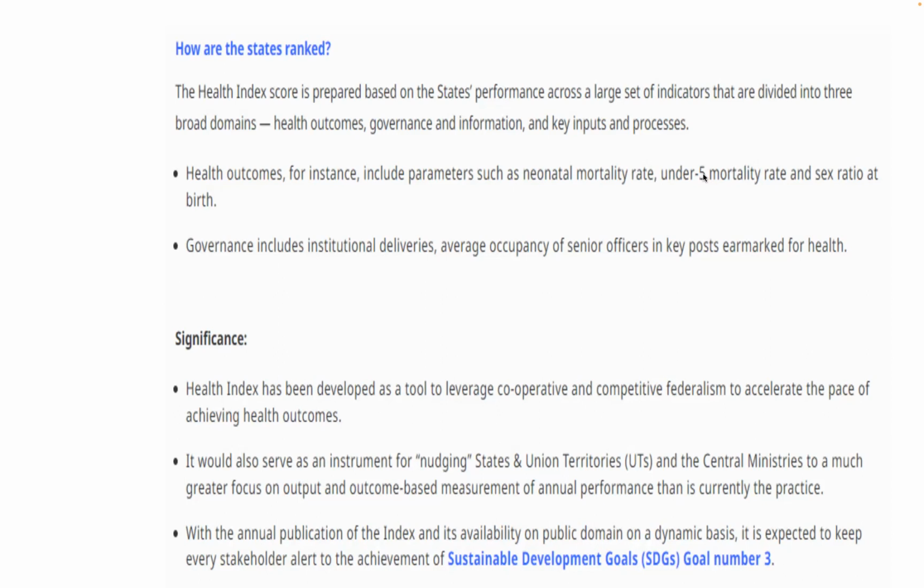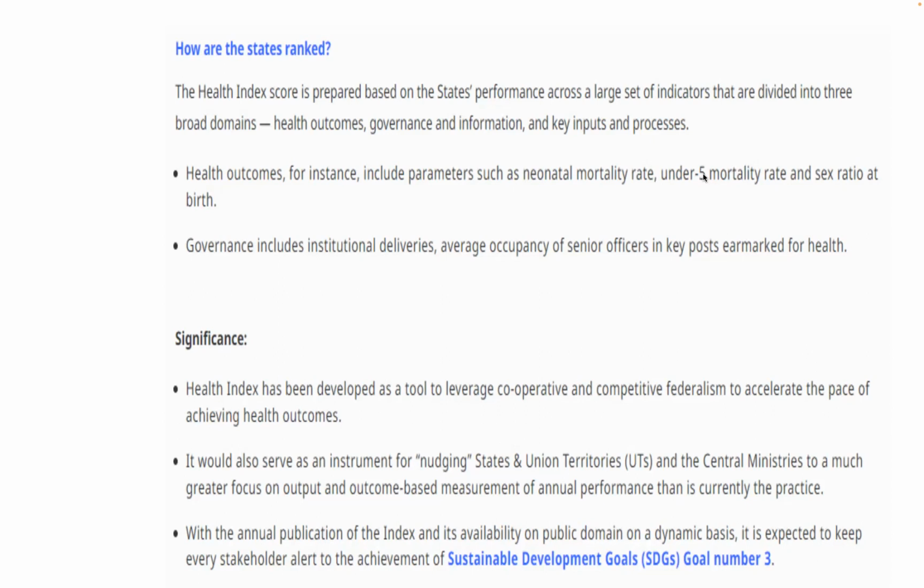So they are targeting the output, the outcome-based performance, and the annual performance among themselves, so that whatever practice they are following, they can replicate from other states, what best practices other states are following, or what can be one good practice to achieve that particular set target. That is why the significance of this health ranking is very much relevant, very much required.